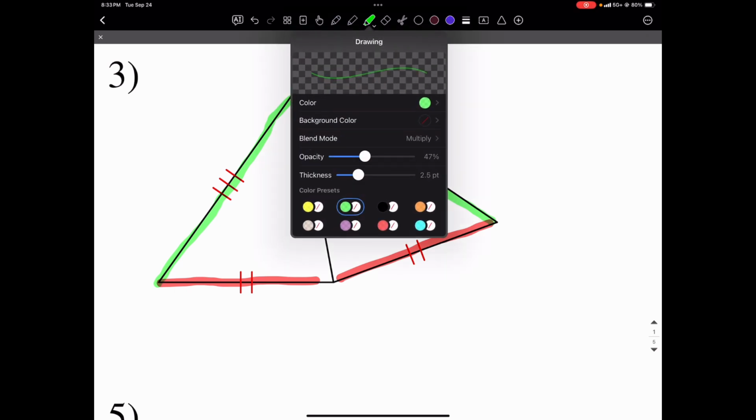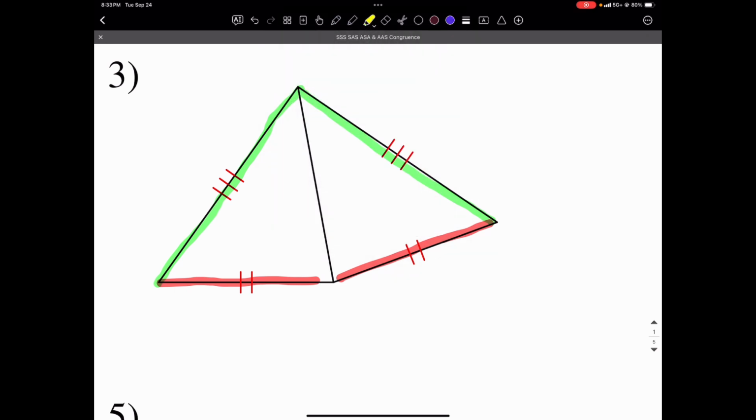Then, just because it's come up in the previous two problems, you know that this side is going to be congruent to itself. So therefore, you have 3 sets of corresponding sides that are congruent. So of course, this one would be the side, side, side theorem, right? Side, side, side congruence.